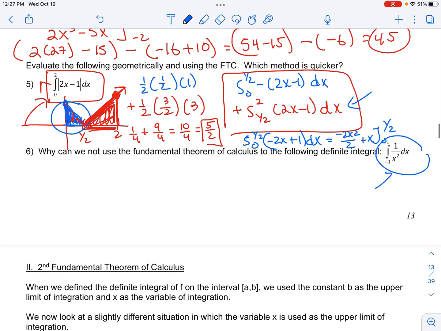This graph is not continuous at x equals 0, so if you actually do it with the fundamental theorem, you'll get a number, but that number is not necessarily going to be correct. If I ask you to integrate this from 1 to 3, that would be okay, because 0 is where the discontinuity is, so we can go from 1 to 3. So just make sure that there's no discontinuity and your bounds don't go over that discontinuity. Otherwise, that fundamental theorem will not work.